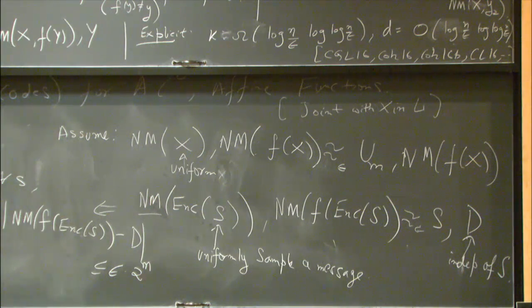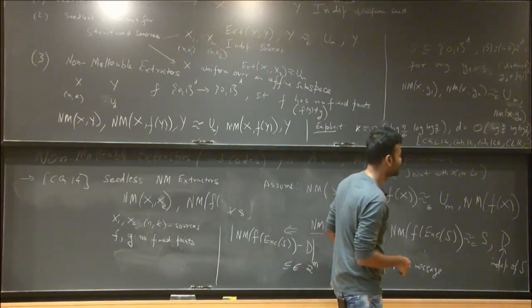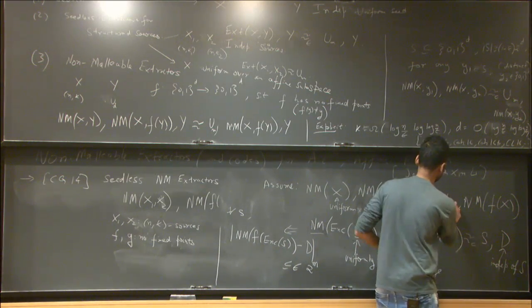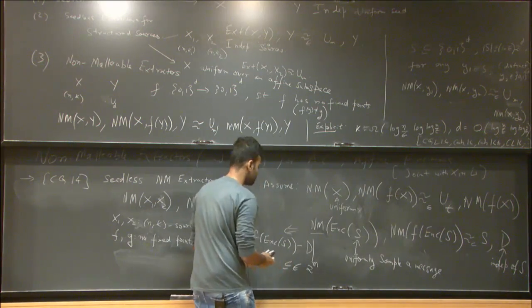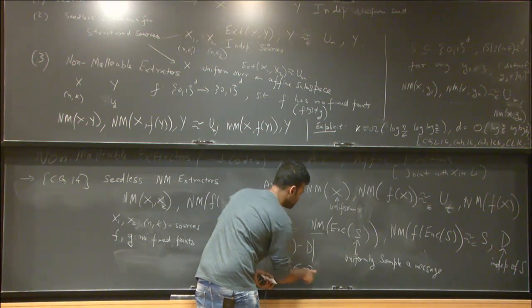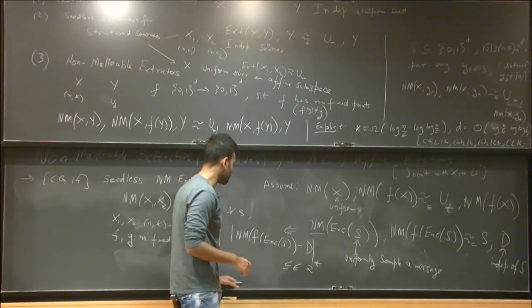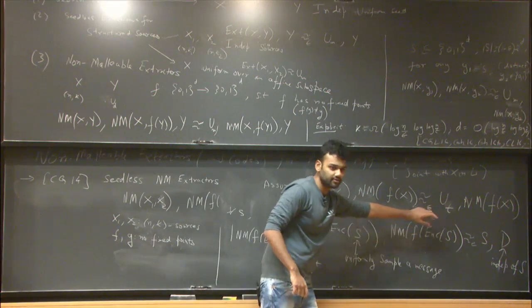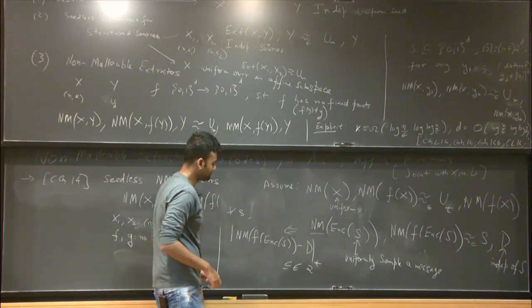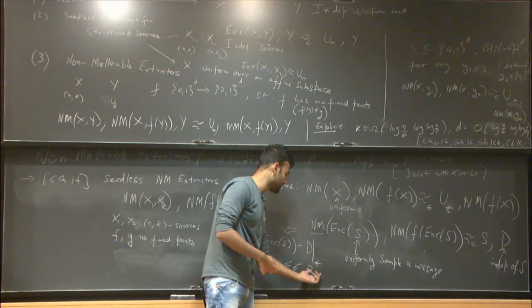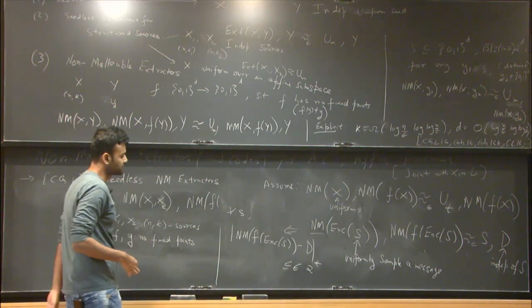Well, little m is overused. Right, so if you output t bits, then we pay a multiplicative 2^t error.